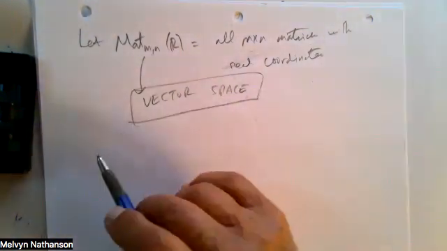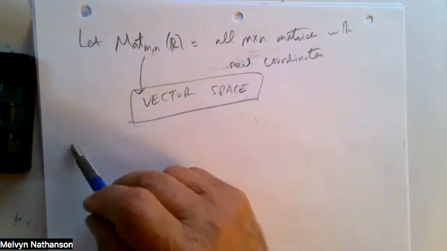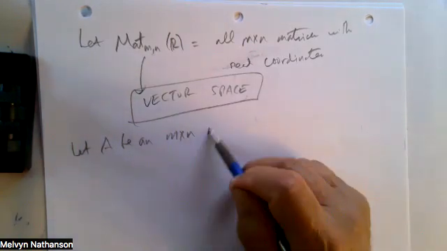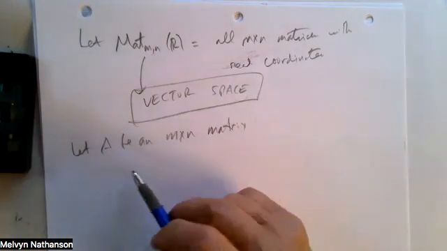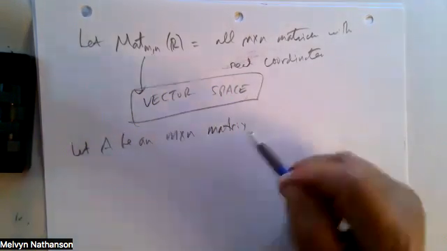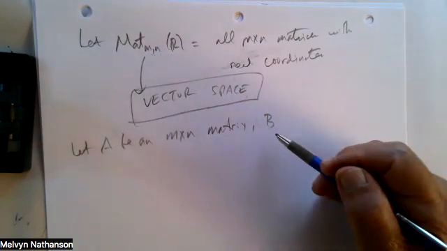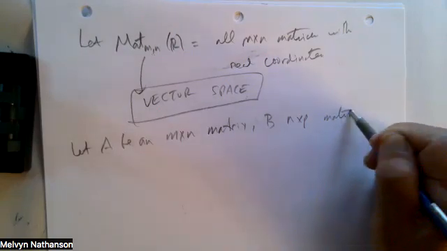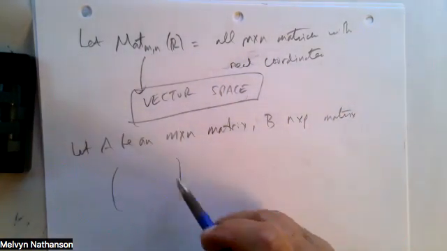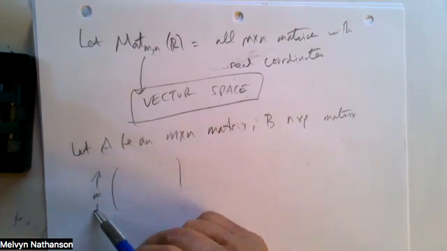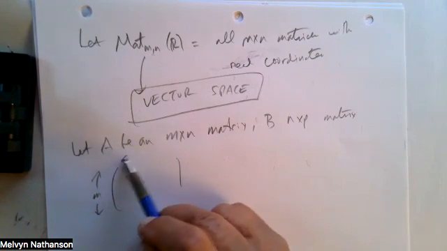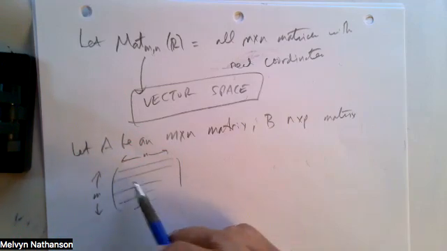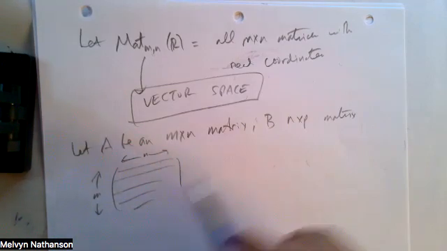But let's suppose we have, so let A be an M by N matrix. So this has M rows and N columns. And suppose B is an N by P matrix. So in the matrix A, we have M rows and N columns, so in each row of this matrix, you have N numbers.